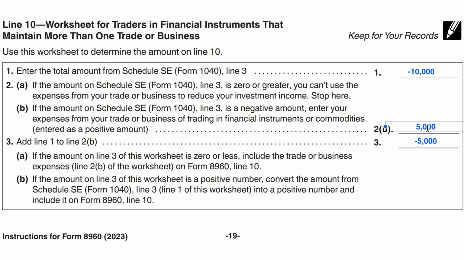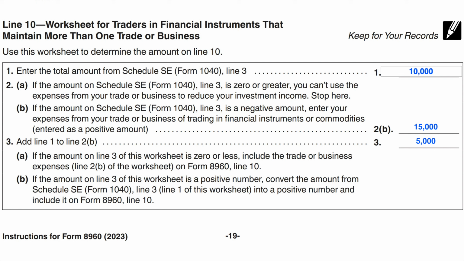If the amount ends up being a positive number, let's say that this is now $15,000, and this reflects as a positive $5,000 number, then you would convert the amount from your line 3 into a positive number, and then you'll put this number instead on line 10 as a positive number for your allowed investments.